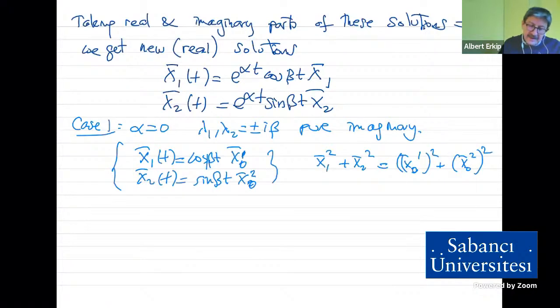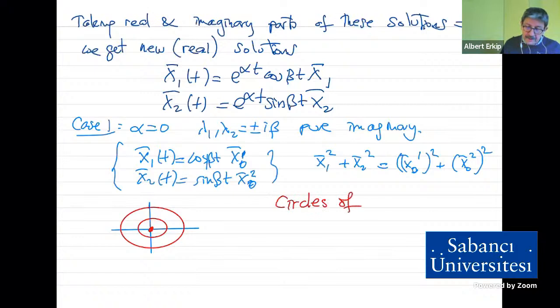So what I get in the x1, x2 plane is circles, and this is a fixed point. These are circles of radius square root of x0,1 squared plus x0,2 squared.